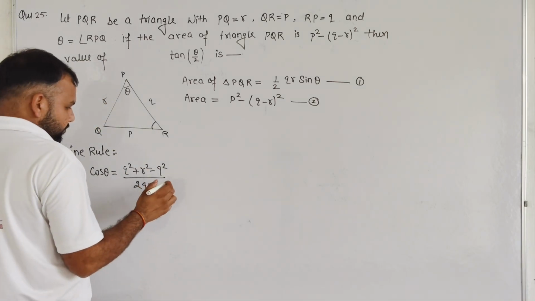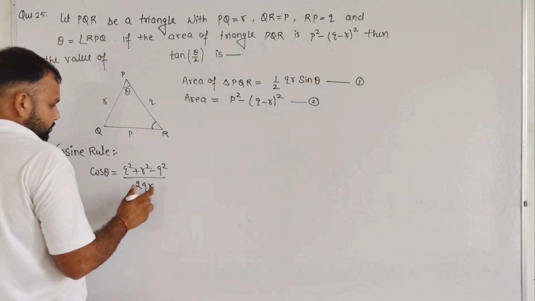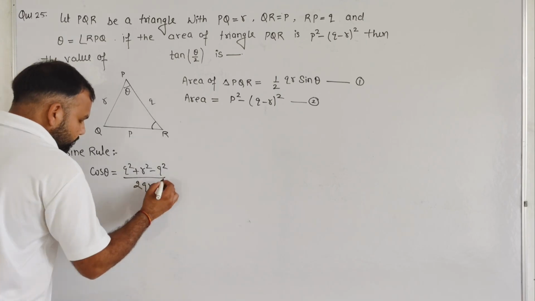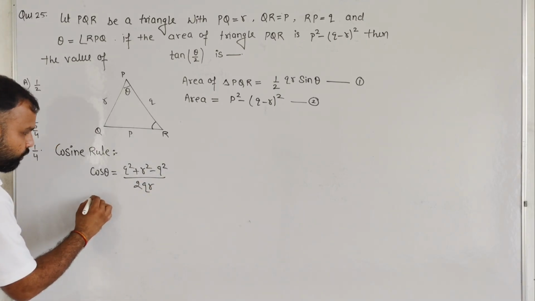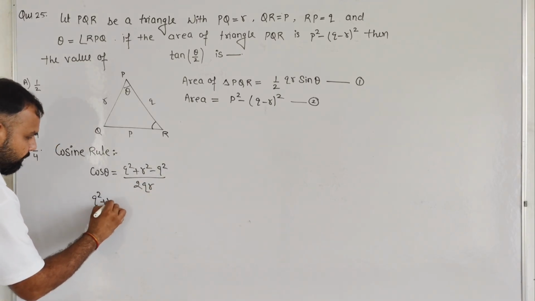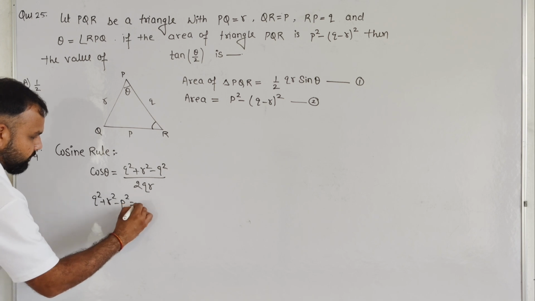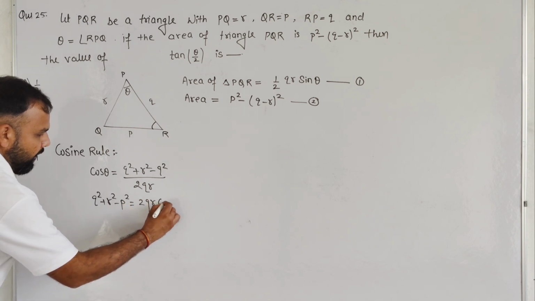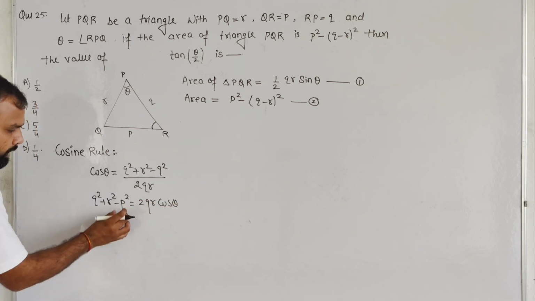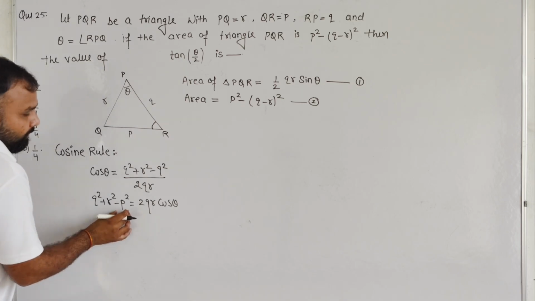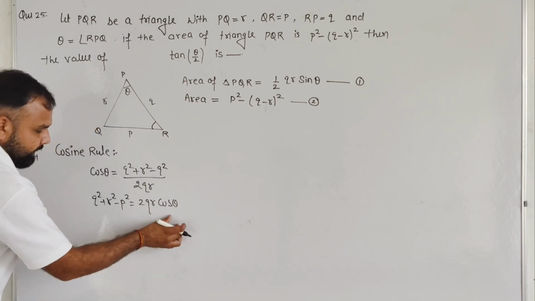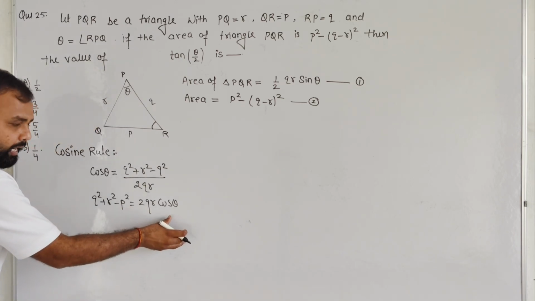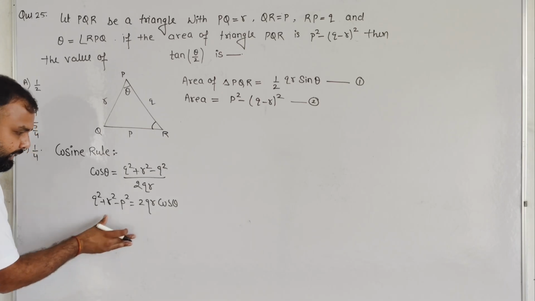So student, in that scenario you can see that after cross multiplying, you get q square plus r square minus p square equals 2 times qr cos theta. Okay. And if you want to find the value of p square, take p square to the right hand side and 2qr cos theta to the left hand side.